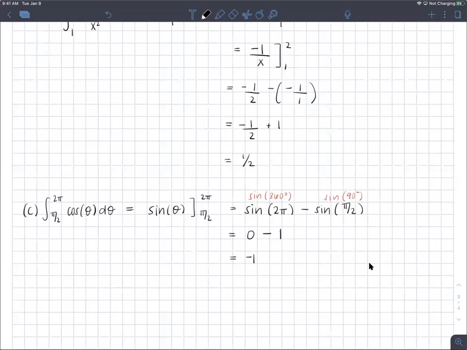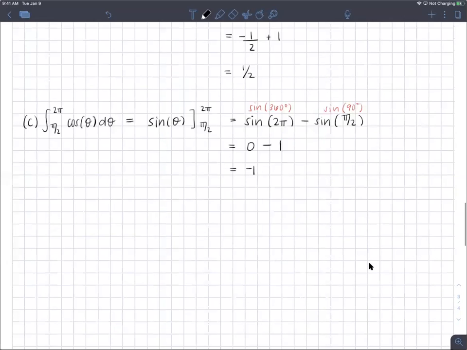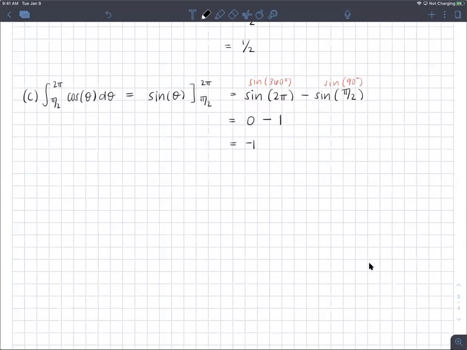All right, so let's do one more like this, and then we'll do another type of example. So part D, we're going to look at the integral from ln of 3 to ln of 6 of 8e to the x dx.